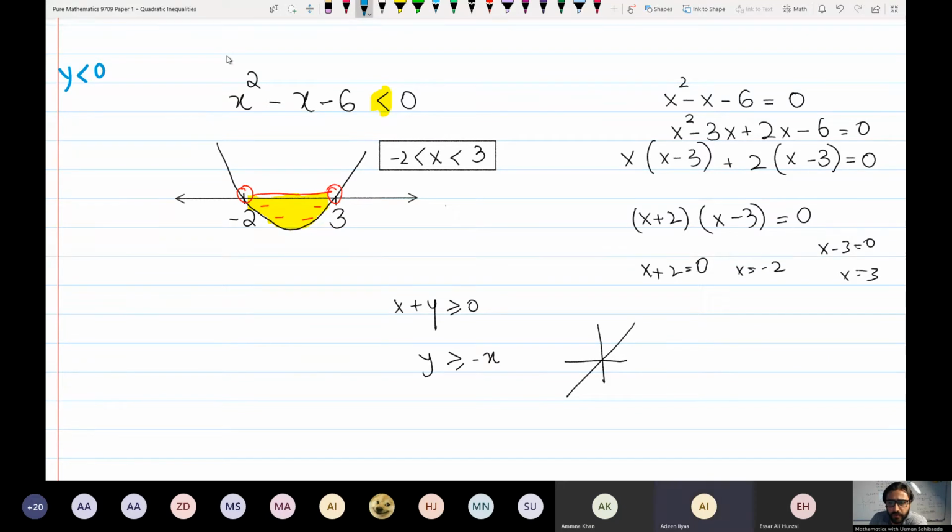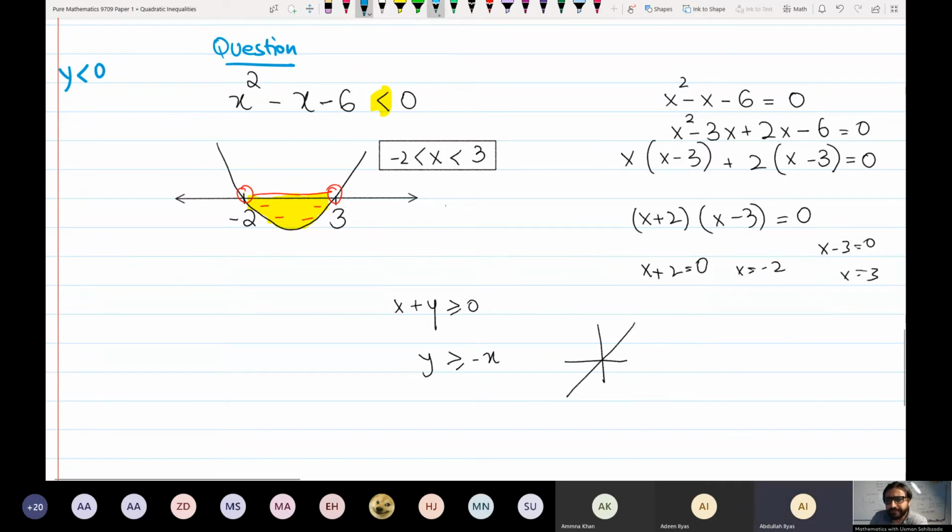No, sir. I'm talking about x squared minus x less than 0. How do you know it's less than 0? This is a question. Also you said you need to find the values between -2 and 3, so why do you shade outside of the parabola?